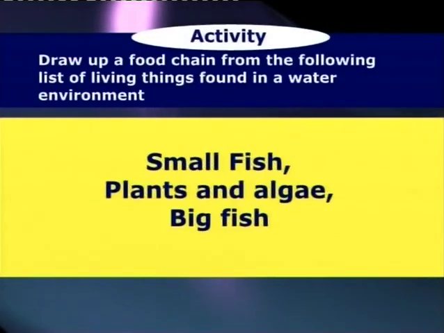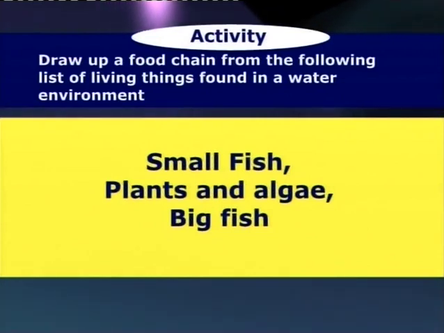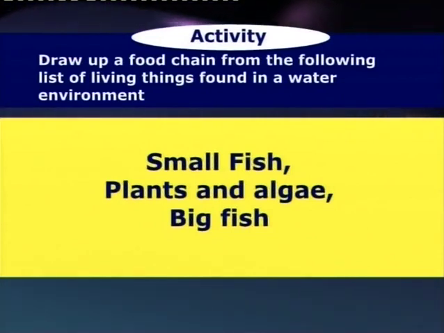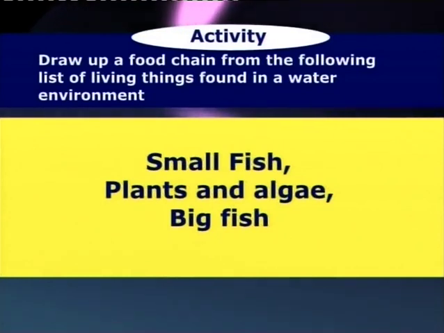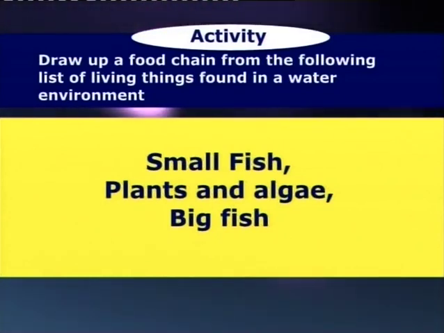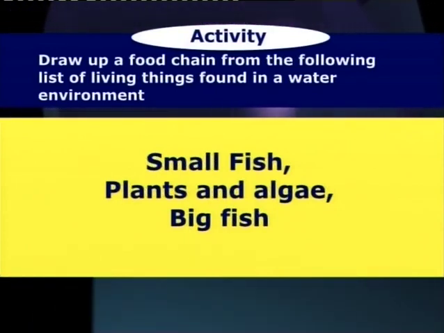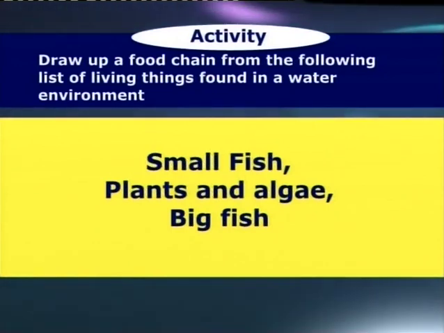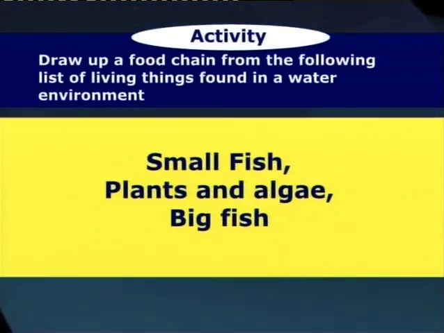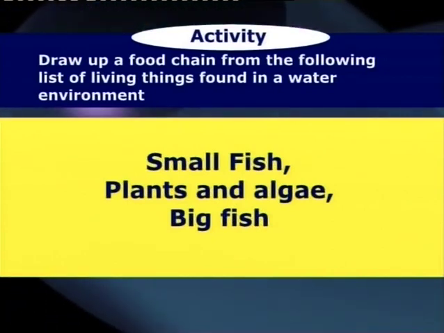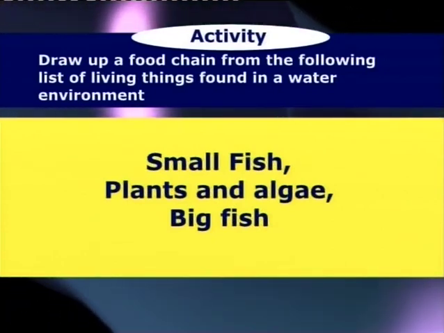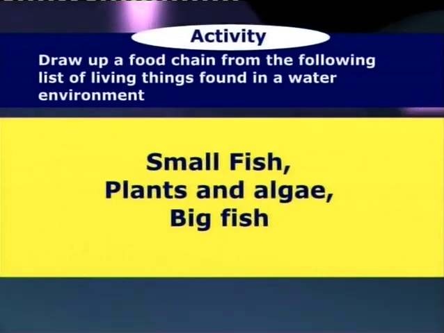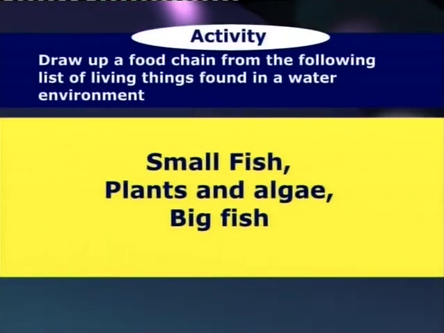First one, small fish, plants and algae, and big fish. Now, put that into a food chain quickly in your books. Discuss quickly in your groups and see if you can put those three living things into a food chain.